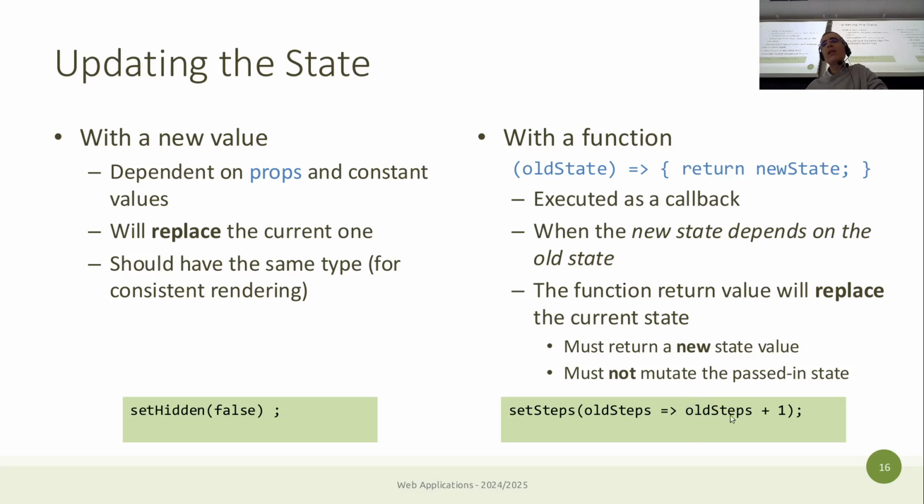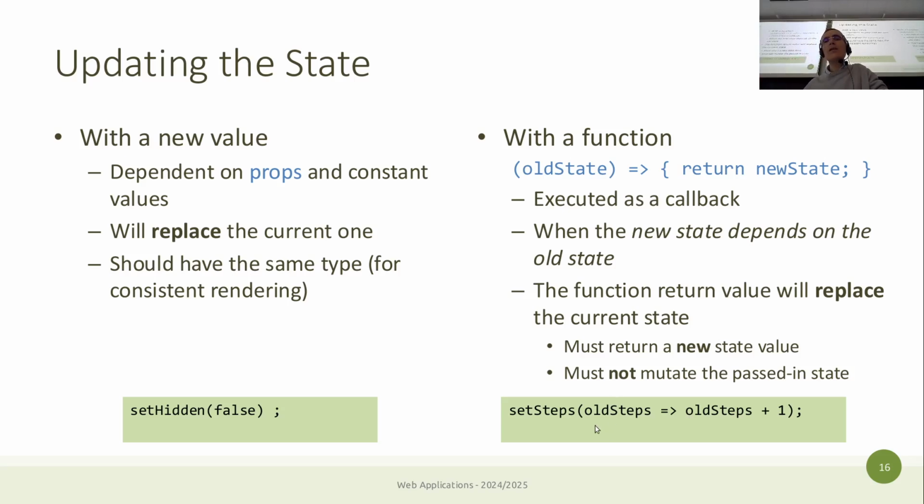So we take the old value of the state that is passed by React to our function as a single parameter. We compute the new state and we return this value. Remember that with arrow functions, if I have only an expression, this is the return value of the expression.